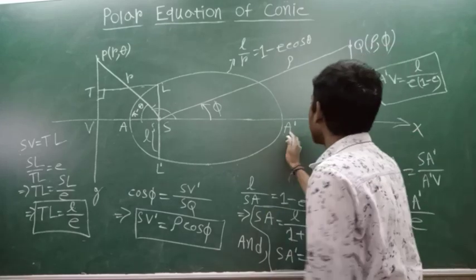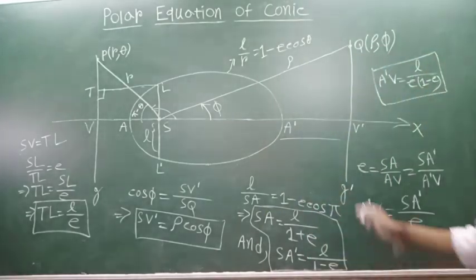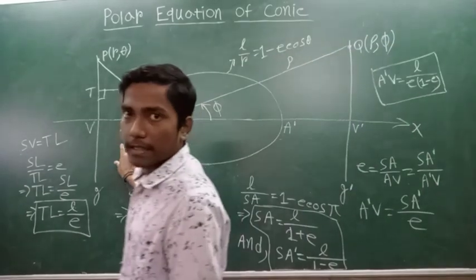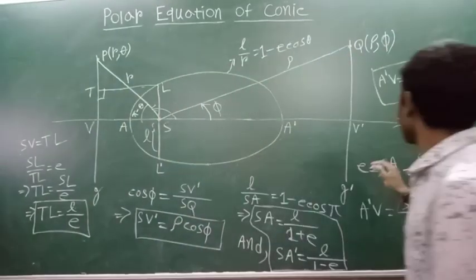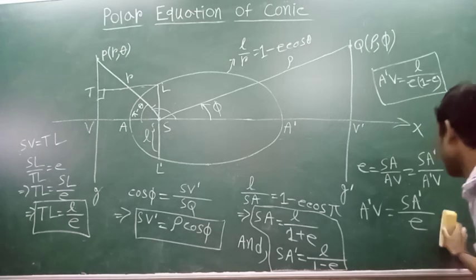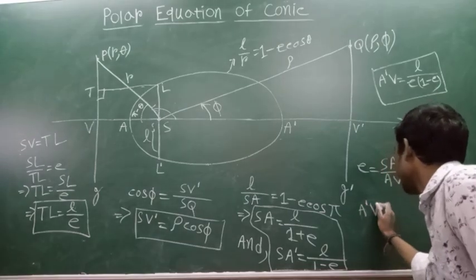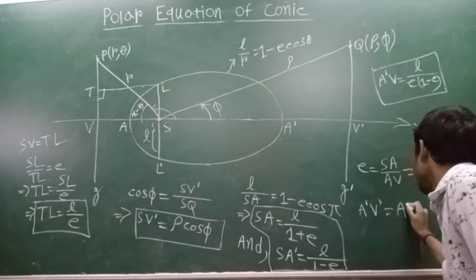A dash V dash is this length, and you know for an ellipse this length A dash V dash is equal to this length AB. So A dash V dash is equal to AB.